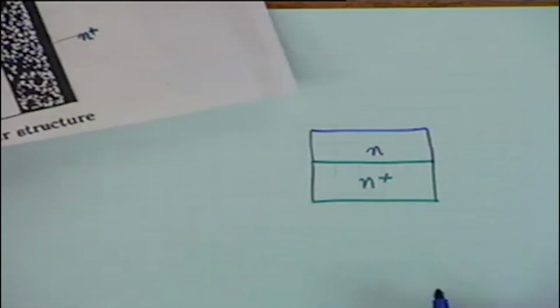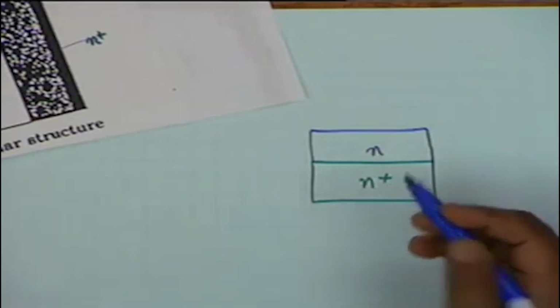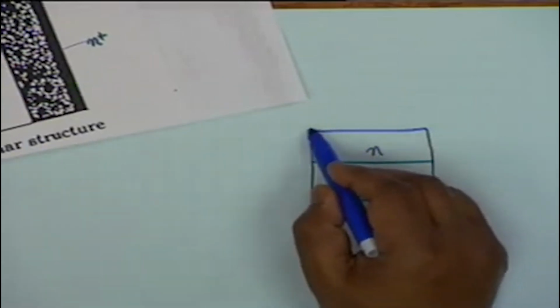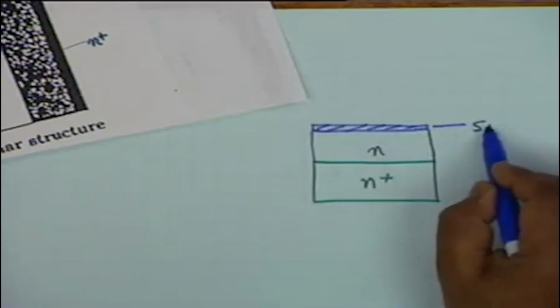alright. Then you subject it to oxygen so that the upper portion is oxidized to silicon dioxide, and you know silicon dioxide is an insulator, alright.